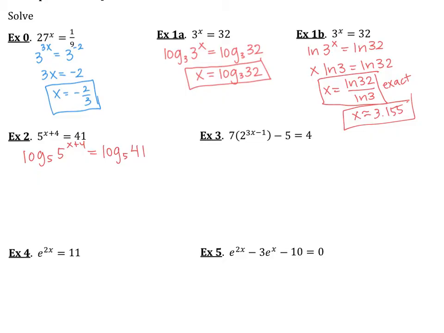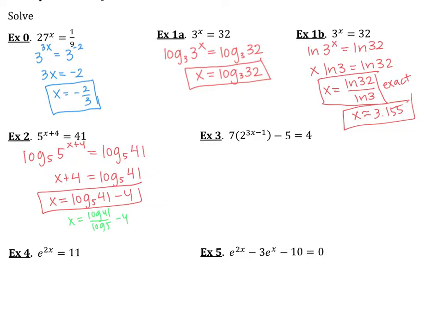Log base 5 of 5 to the x plus 4 turns into x plus 4. I'm going to subtract the 4 to the other side, and then this is my exact answer. This is a nice answer. If you solved it the other way, you might have had log 41 over log 5 minus 4 or something like that. That's just as correct.